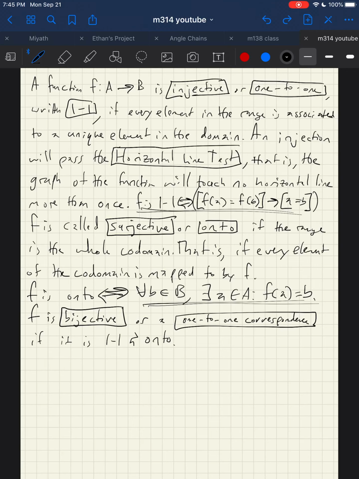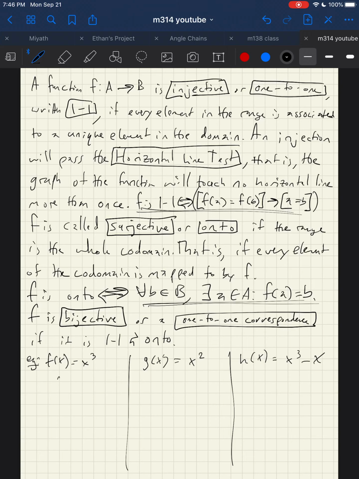All right, so let's do some examples of functions that are 1-to-1 or onto or not. So first, let's have f(x) = x cubed. Then we'll have g(x) = x squared. Then we'll have h(x) = x cubed minus x.